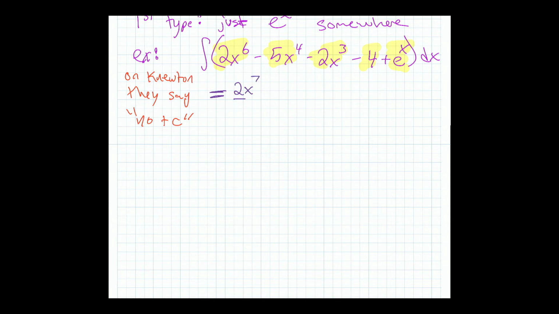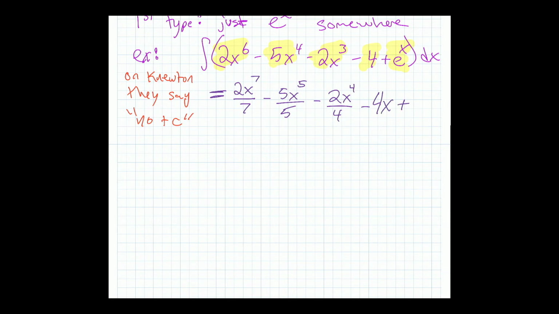Add 1 to the power, divide by the power. 5x, same thing here. Add 1 to the power, you get 5. Divide by the power over 5. Minus 2x cubed, so we add 1 to the power, get 4. Divide by the power. Minus 4. The antiderivative of 4 is 4x.